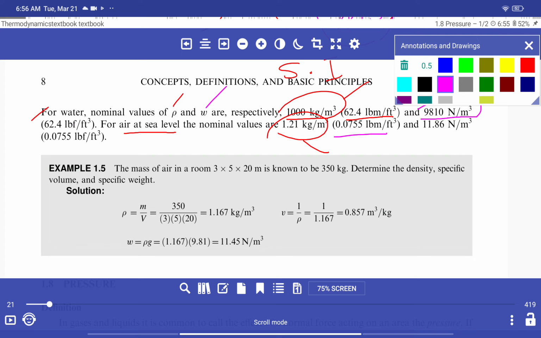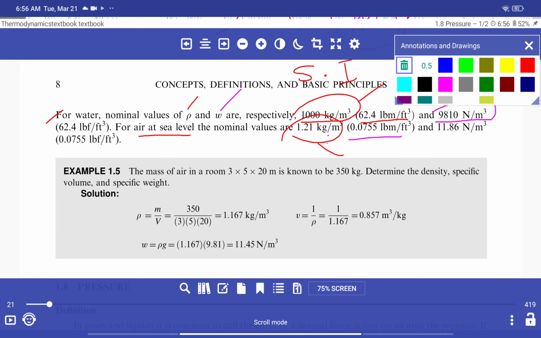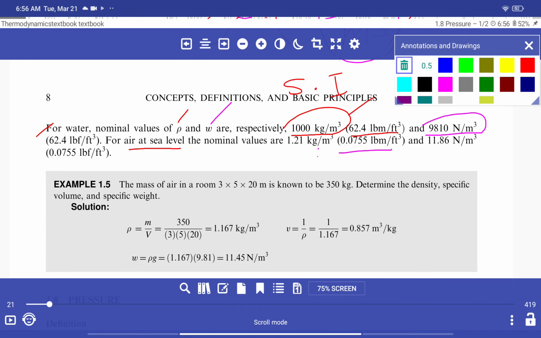So remember the density of water, 1000 kilogram per cubic meter in SI. And then the density of air at normal sea level condition is 1.21 kilogram per cubic meter. Okay, and I'm just discussing it for the sake of lecture.